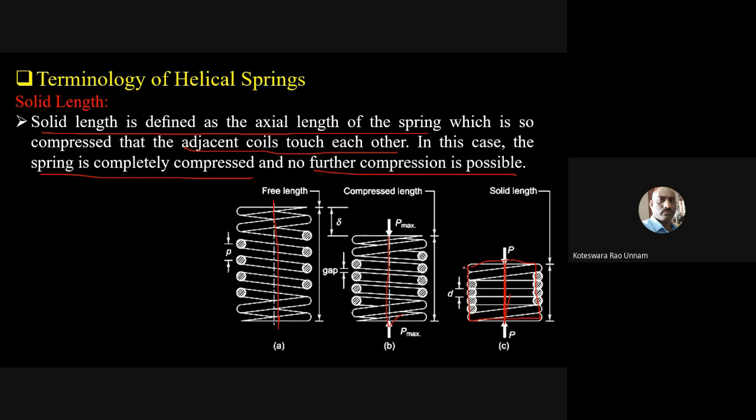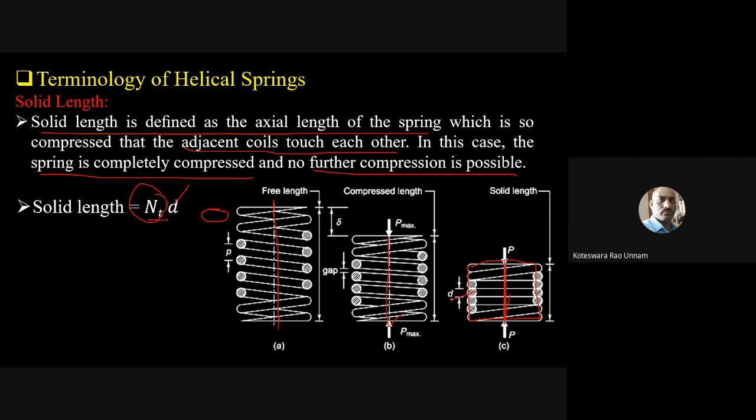At that state, when no further compression is possible, if you measure the axial length of the spring, we call it the solid length of the spring, and it is given by nt into d, where nt is the total number of coils. Total number of coils means one circle, we call it one coil, multiplied by this diameter.